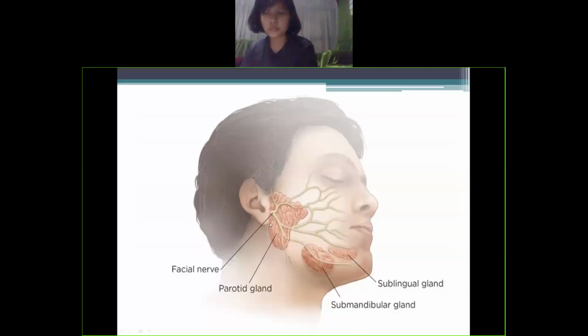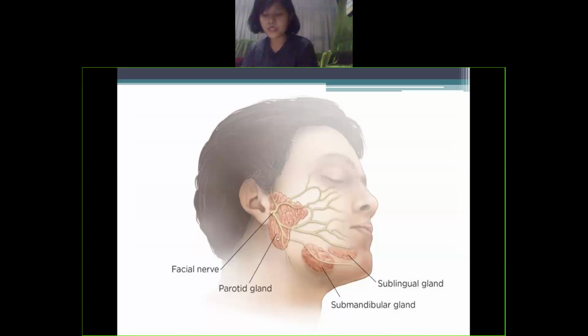Where does the parotid gland lie? Mostly on the posterior side of the neck. This is your neck, right? Posterior means obviously at the back.